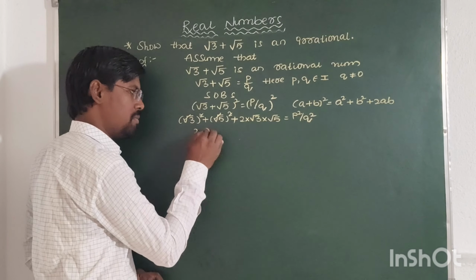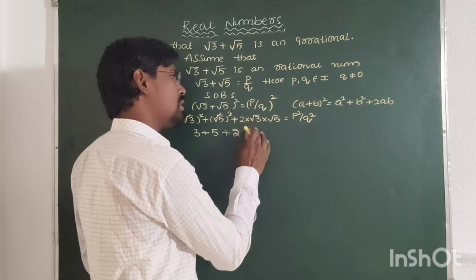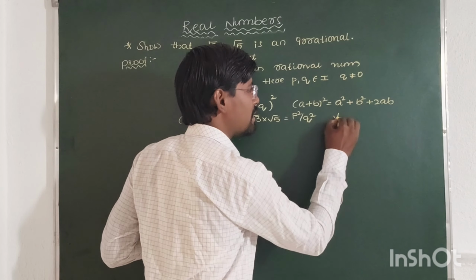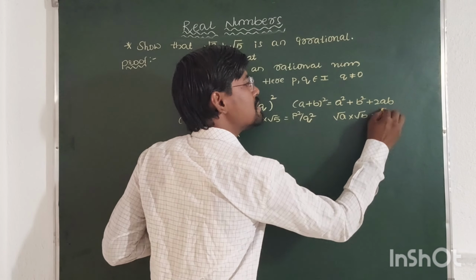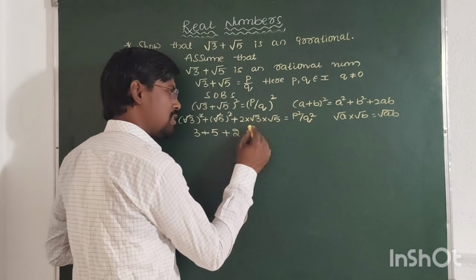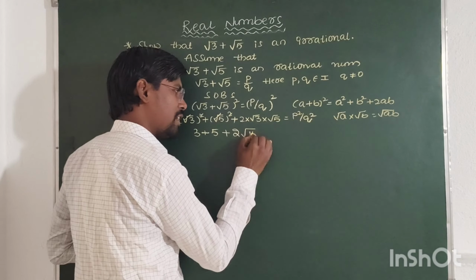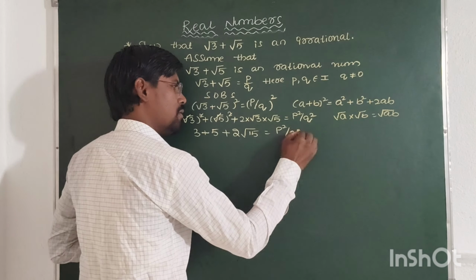What is left? 3 plus 5 plus 2 into root 3 into root 5. We know the identity: root a into root b can be written as root of a into b. So root 3 into 5 becomes root 15, which is equal to p square by q square.